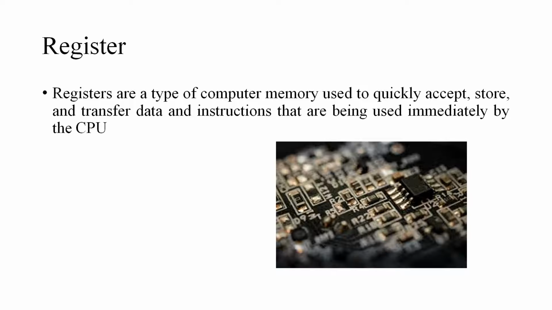It processes data at very large speeds, so it also requires some memory of its own. That memory is in the form of registers, which quickly accept the data, store it, and transfer the data or instructions that the processor is going to use in the immediately next milliseconds or nanoseconds. So this is the purpose of a register. Registers increase the processing power of a CPU.